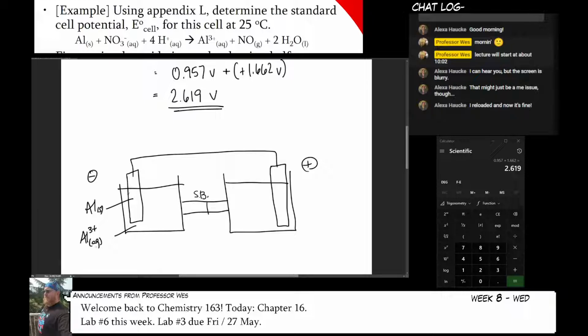And then we have everything else on the other side here. So we would have nitrate, and we would also have H+. And I would need to have some sort of container that has NO gas in it.